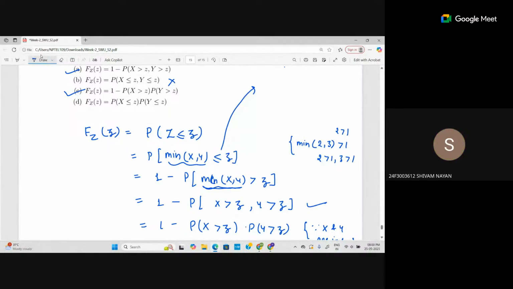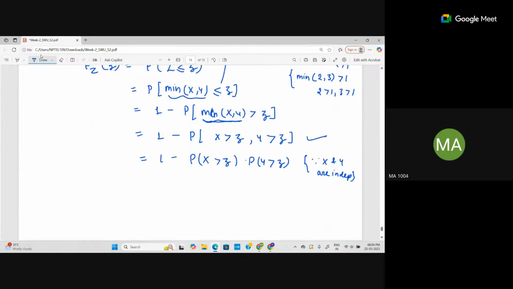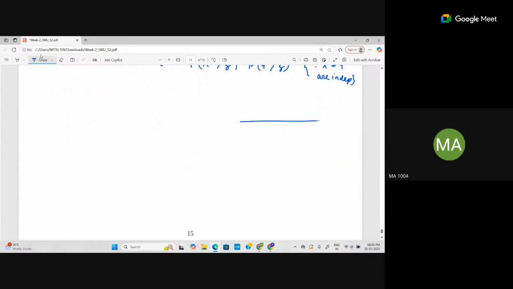But when it is given less than z, then the minimum of 1, 2 is less than z. So that's what I was writing here. Suppose this is some value k, and this is some value k plus 1, and you have to find the probability that the minimum of x comma y is equal to some value k.